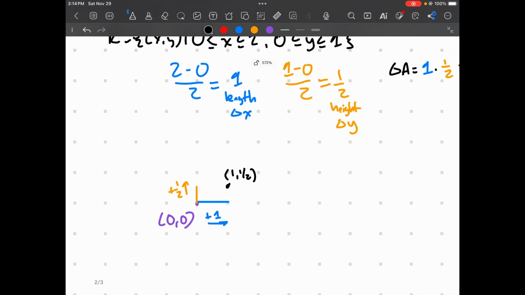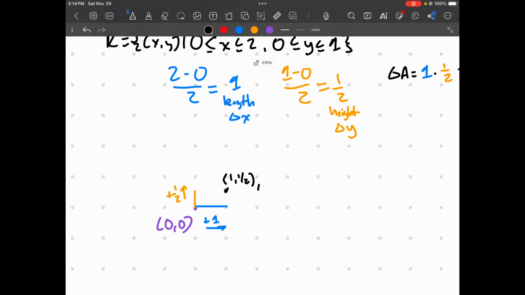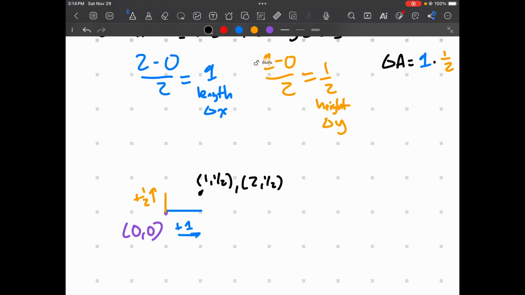And now I will continue adding our delta x until we form a rectangle that's outside of the x bound. So our next rectangle will be at 2, 1/2. But if we add another delta x for 3, 1/2, this rectangle will be outside of the bound. So we do not include this point.